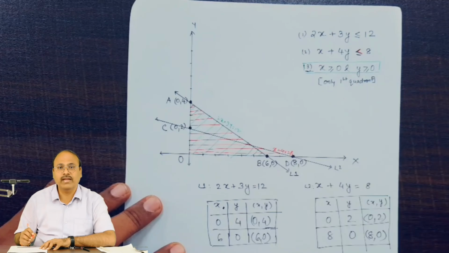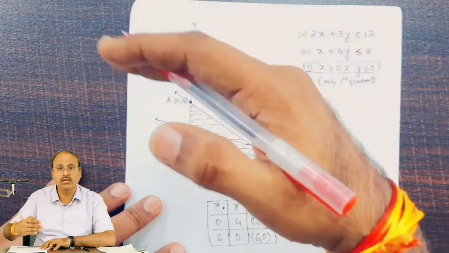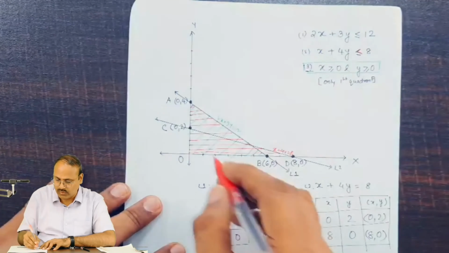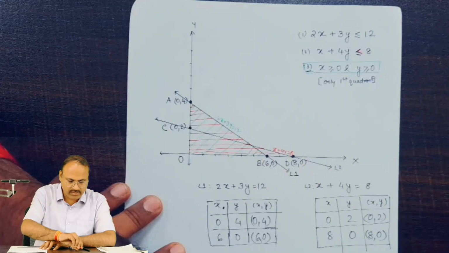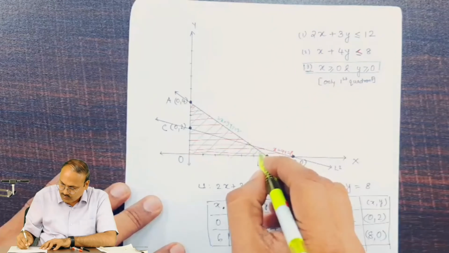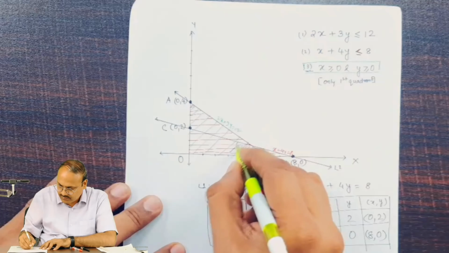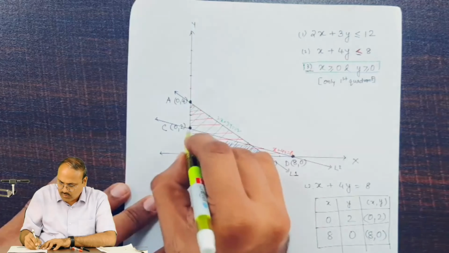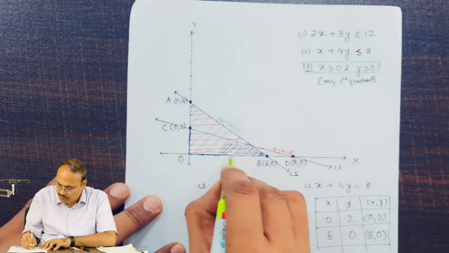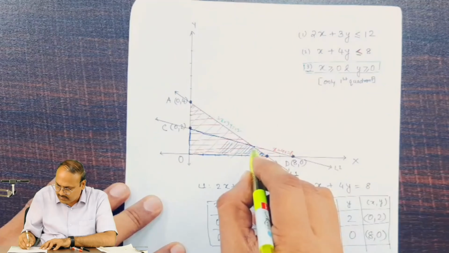What we are supposed to find is the common region, which is below the line L1 and also below the line L2. Let me use another color here. So this is the common region, as you can see. If I want to highlight it, I can go like this: from here, here, and then this line, and then this intersection, and this.